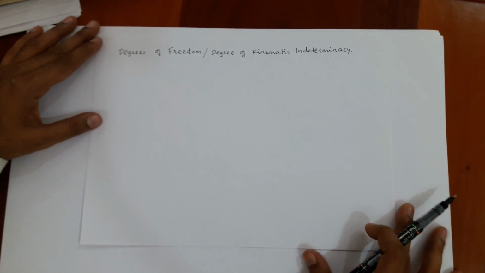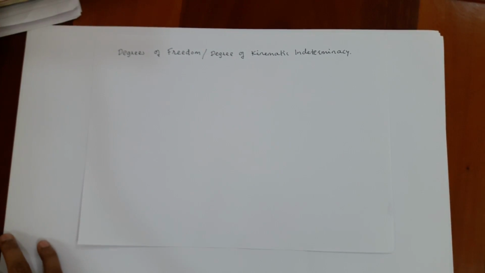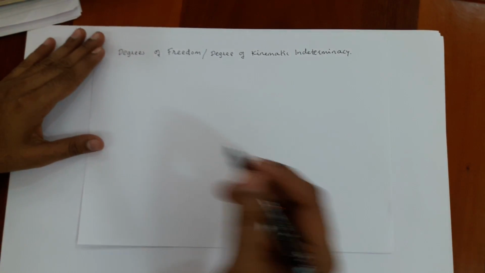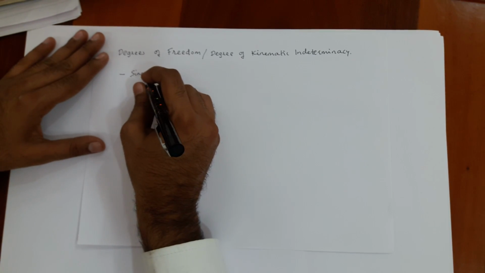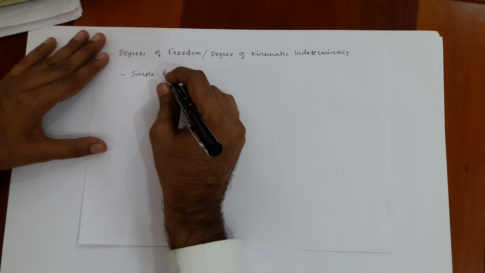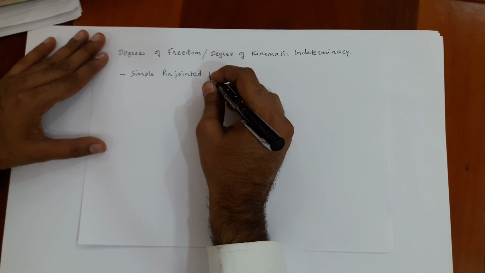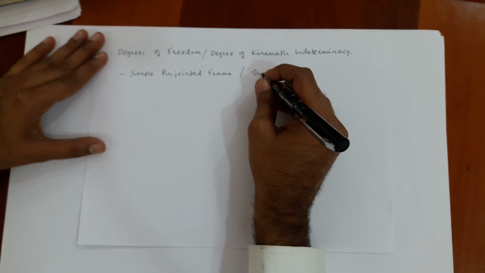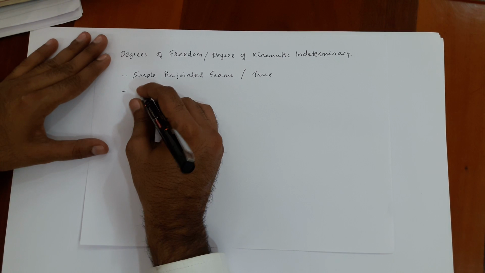Today we will see how to find degrees of freedom. It is also known as degrees of kinematical indeterminacy. So we have different structures. We have a simple pin jointed frame, also called a truss, and we have a rigid jointed frame.